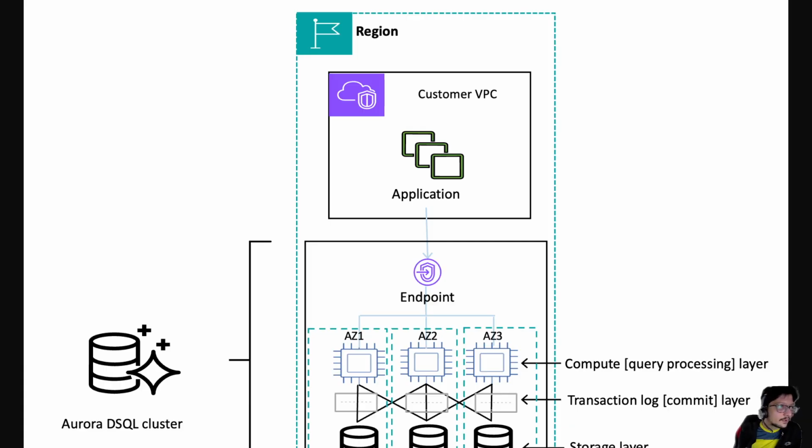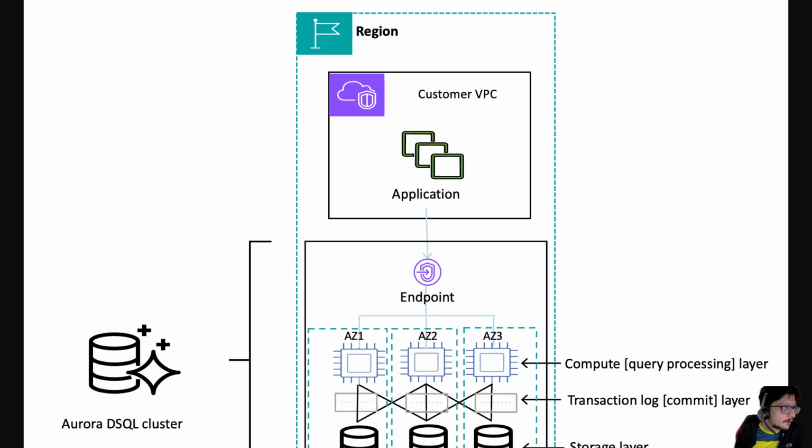The first component is the coordinator node, which accepts queries, plans, and coordinates execution. Next come the worker nodes, which execute query fragments: scans, joins, and filters. The last one is the query compiler and optimizer, which translates SQL into a distributed execution plan.